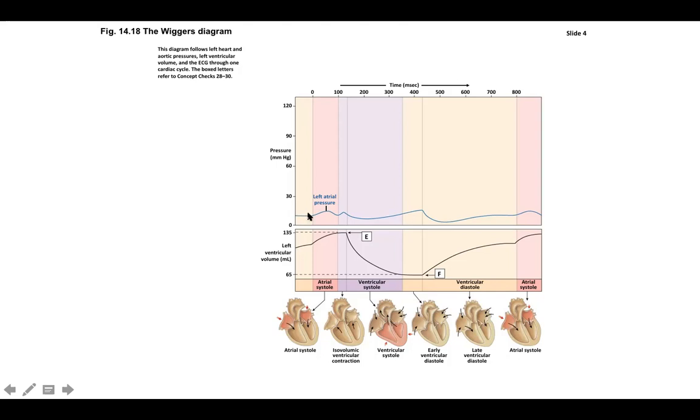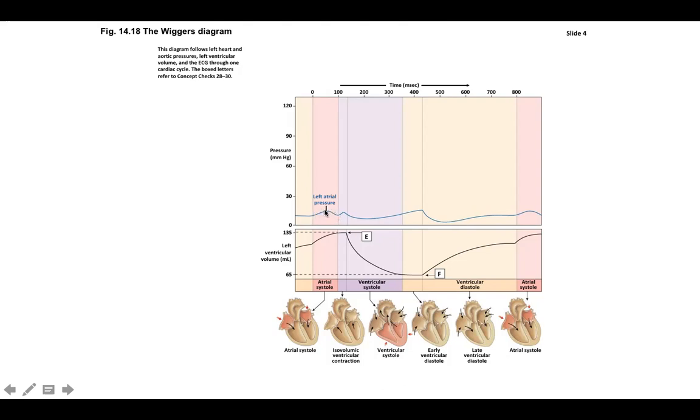Blood's entering the atrium, but it's leaving also. Really no change in pressure. During atrial systole, you're now contracting the atrium, and the pressure in the atrium during that time rises slightly because of the force of contraction in the atrium.